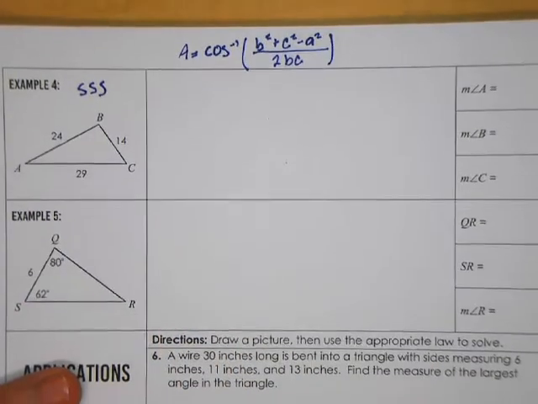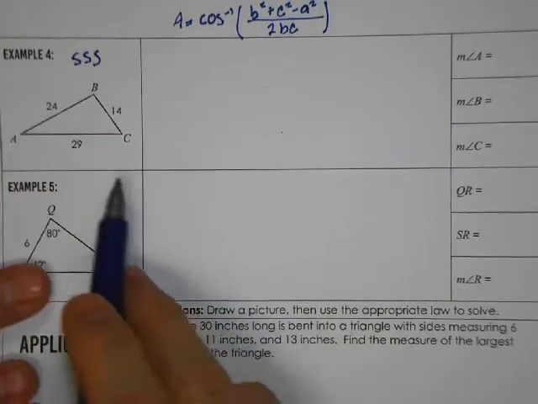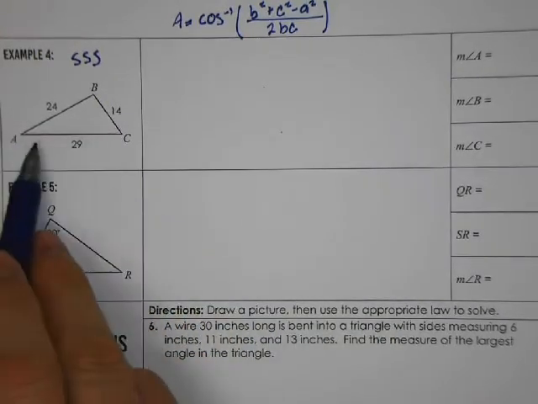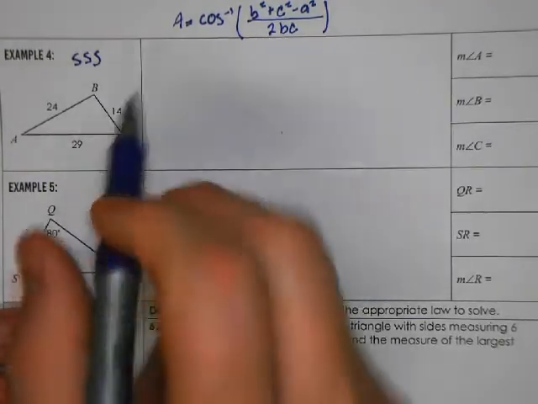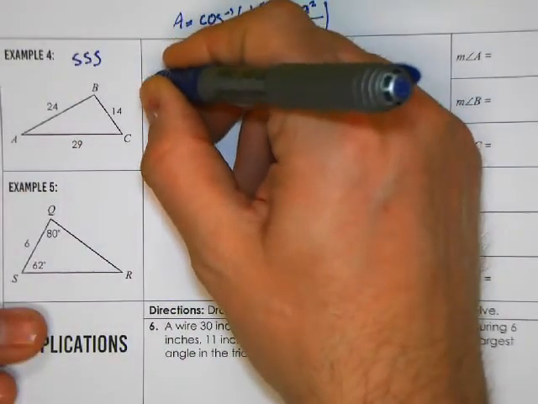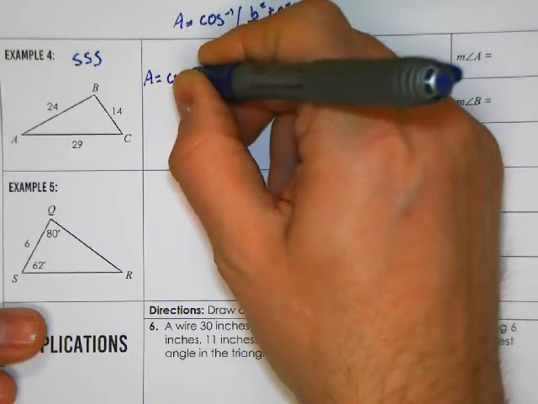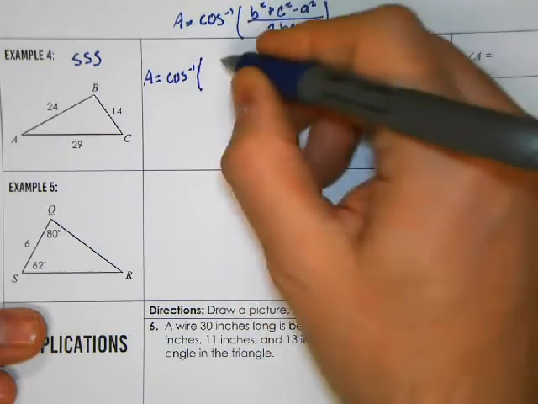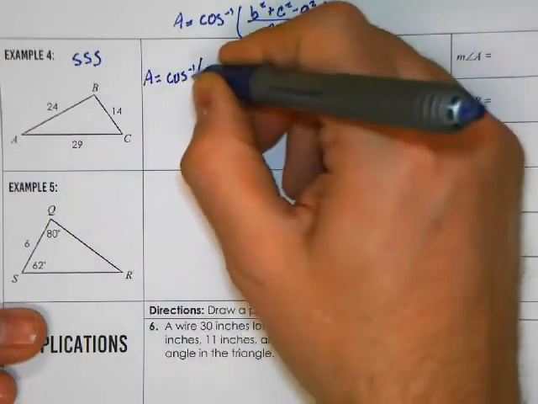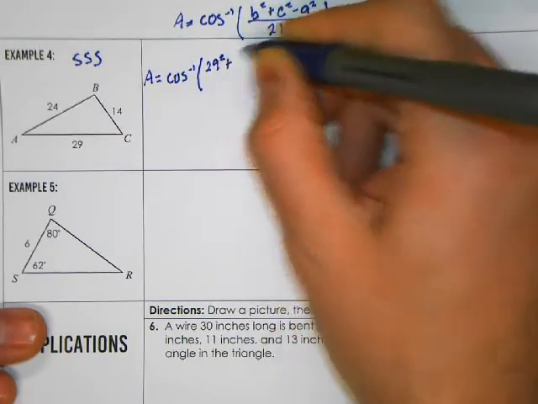And now I'm going to go ahead and use that to find angle A. Since I already have it written there, let's just go ahead and start plugging in our values here. If I want to be able to find angle A, I'm going to say inverse cosine. And substituting my numbers here, B squared would be the 29, so 29 squared, plus C squared.